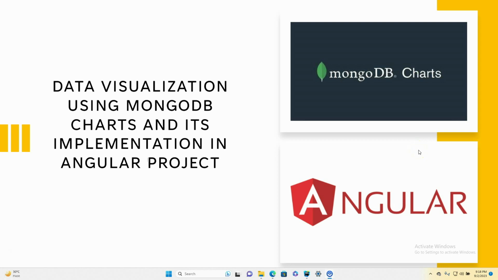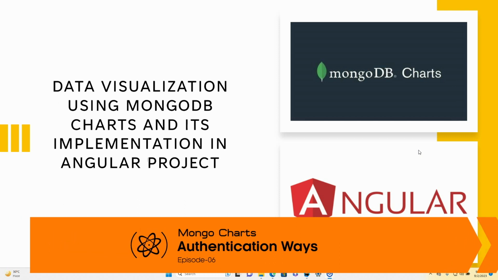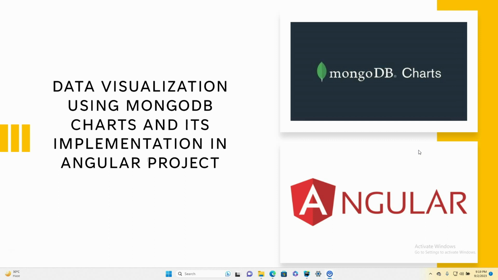Hello viewers, welcome back. We are learning data visualization using MongoDB Charts and its implementation in an Angular project. So far we learned how to integrate a Mongo chart in an Angular project in an unauthenticated way.